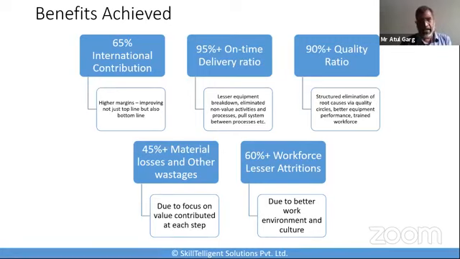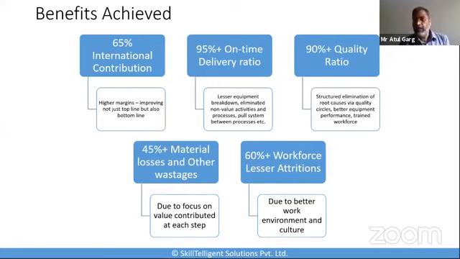Quality ratio improved as well to 90% plus. And that is where the various tools we use for root cause analysis, quality circles, and so on and so forth helped us to identify the reasons for quality issues and then improve the quality delivery.